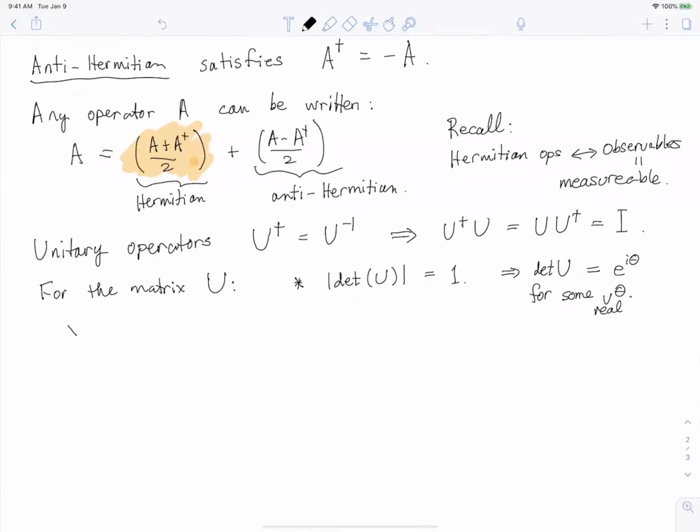Another very useful thing about unitary operators is, let's say you have a unitary operator and you make its matrix representation, and you just look at the rows of the matrix. These are, it turns out, the components of an orthobasis.